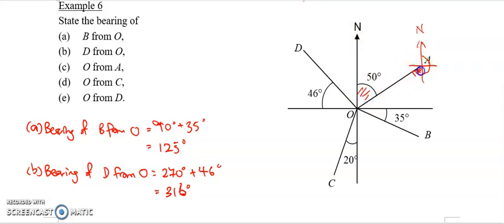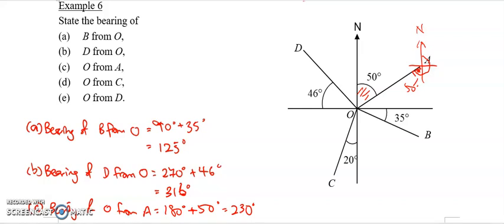These two angles, this is also 50. So in part C, bearing of O from A, we can use 180 degrees plus 50 degrees to get 230 degrees.